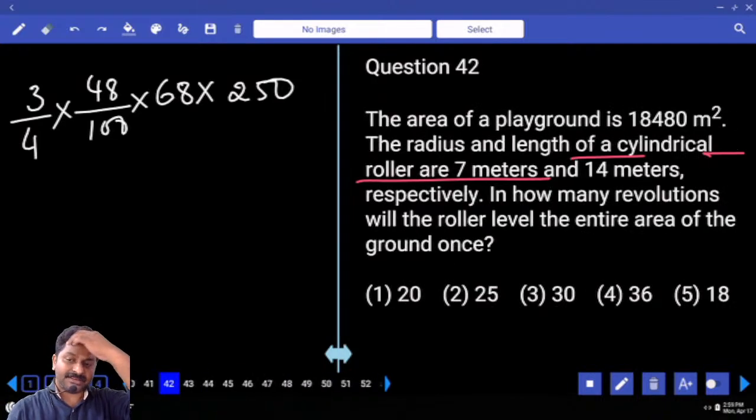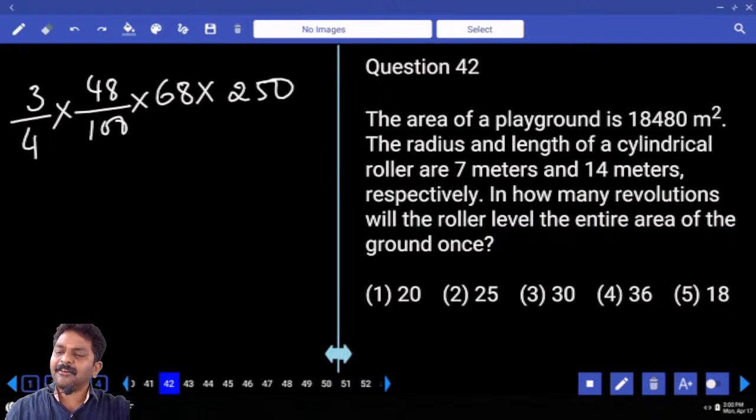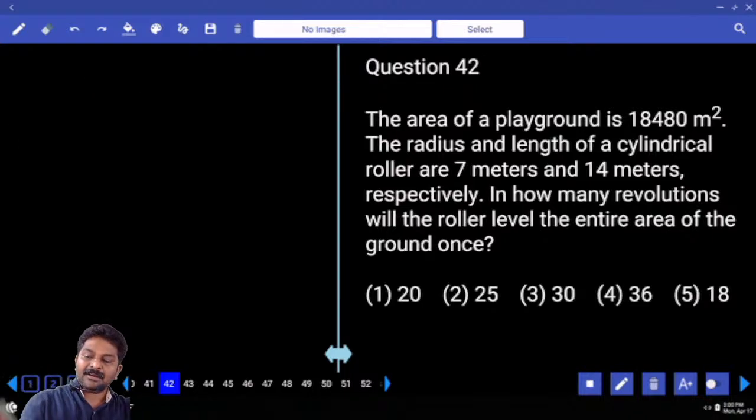Next. The area of a playground is 18,480 square meters. The radius and length of the circular roller are 7 meters and 14 meters respectively. In how many revolutions will the roller level the entire area of the ground once?